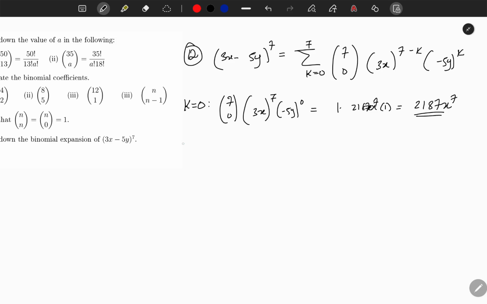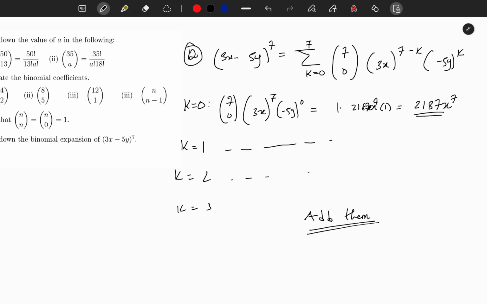You keep that one, you go to when k is equal to 1, you do the same. You go when k equal to 2, you do the same. You're just plugging in there. You go up to k equal to 7, then you add them up. That's all.